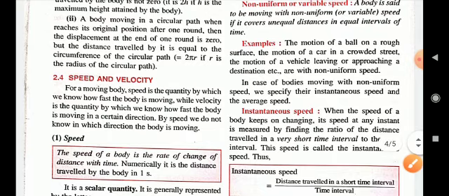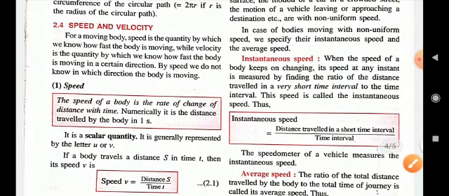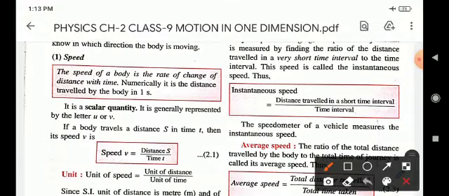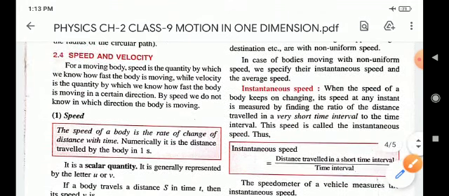Okay children, what is instantaneous speed? When the speed of a body keeps on changing, its speed at any instant is measured by finding the ratio of the distance traveled in a very short interval of time.